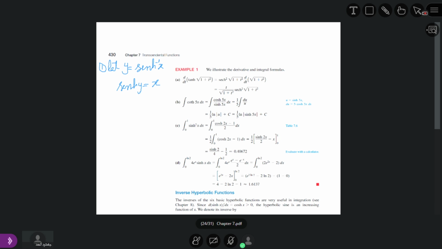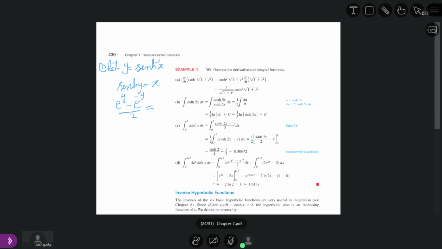Sine hyperbolic y, we use the definition of hyperbolic function. So e power y minus e power minus y, divided by 2, is equal to x.